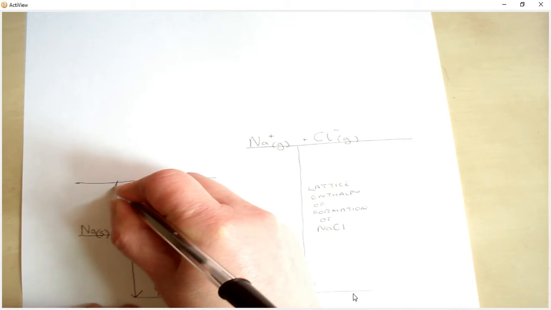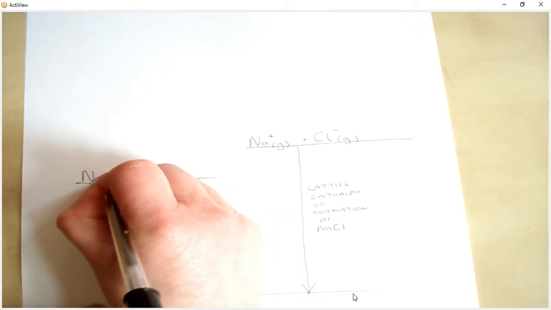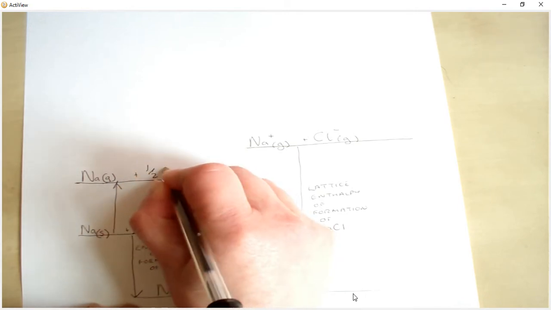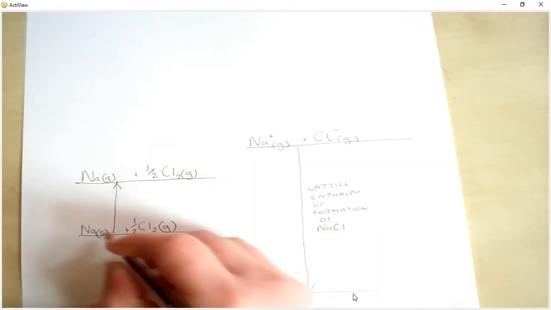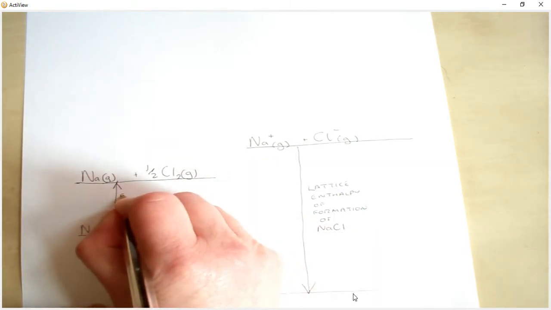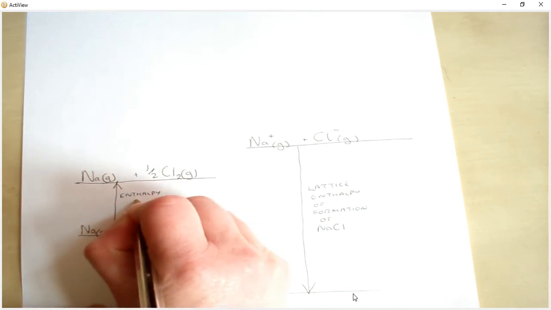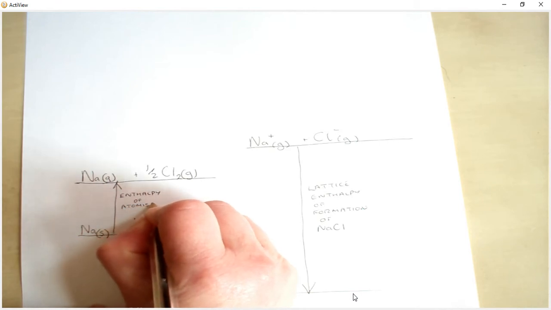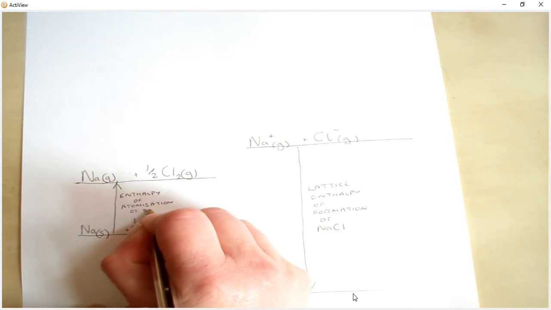So it's going from the sodium as a solid to the sodium as a gas. And then I've got to include my half Cl2, exactly the same as it was before. So that's going to be the enthalpy of atomization of sodium.